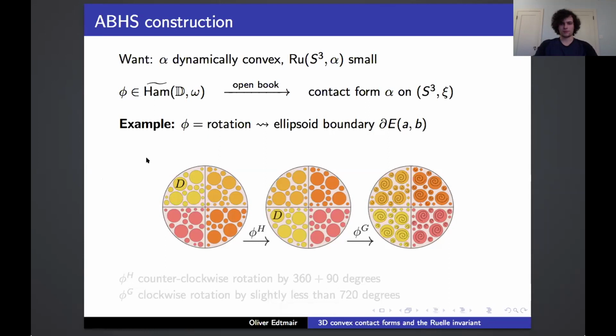Okay, so now we want to produce something that has small Ruelle invariant. And the intuition here is that if I look at my Hamiltonian flow in the disk, and if it rotates counterclockwise, that's going to increase the Ruelle invariant. And if it rotates clockwise, that's going to decrease it. So if we want to make the Ruelle invariant small, we have to introduce some clockwise rotation. But we also want to have dynamical convexity, and that's a bit of an opposing condition because it says that we have to have a lower bound on the Conley-Zehnder index for periodic orbits, and I can rephrase that as a lower bound on the rotation angle.